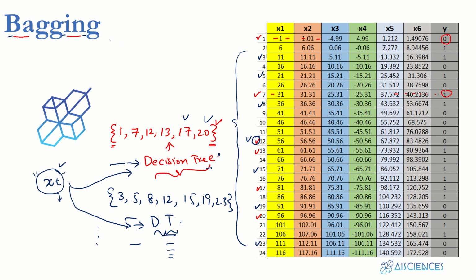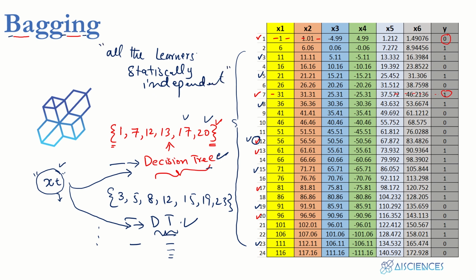But one assumption for bagging is that all the learners, like this decision tree is a learner, this decision tree is another learner, and so on, all the learners should be statistically independent. So that's the assumption. Basically, if this assumption is followed, bagging works surprisingly well.